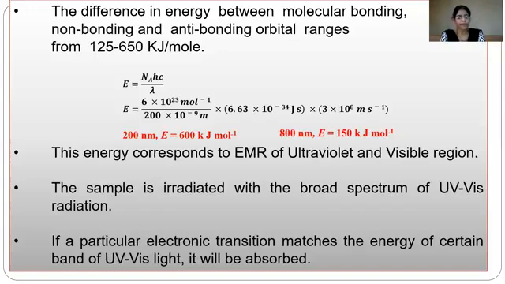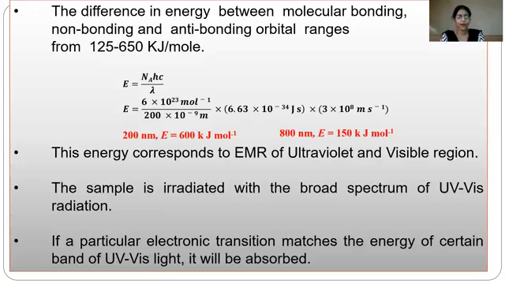The sample is irradiated with a broad band of UV visible radiation. Broad band means the whole UV visible light involving wavelengths from 200 to 800 nanometer, or energy from 150 kilojoule to 600 kilojoule.